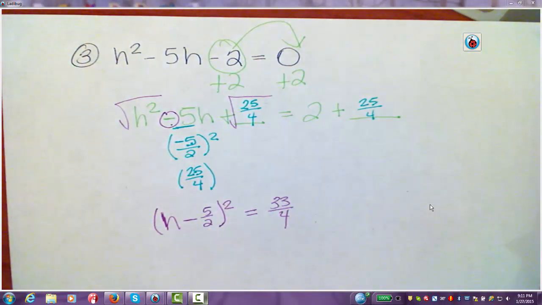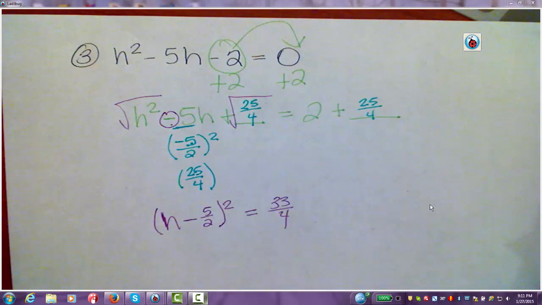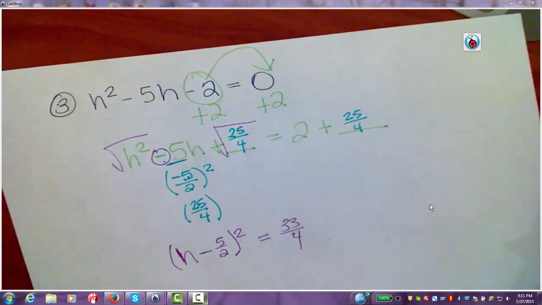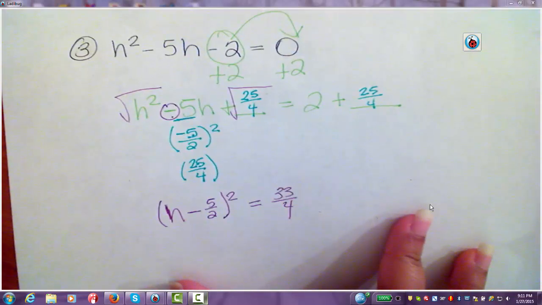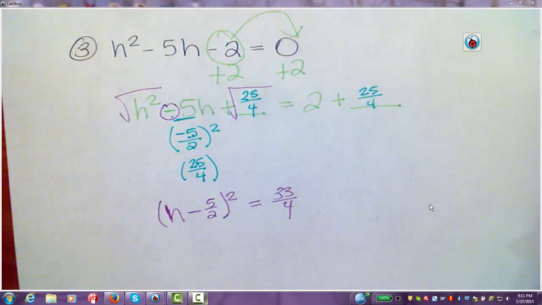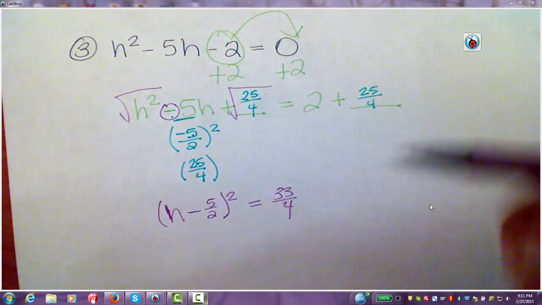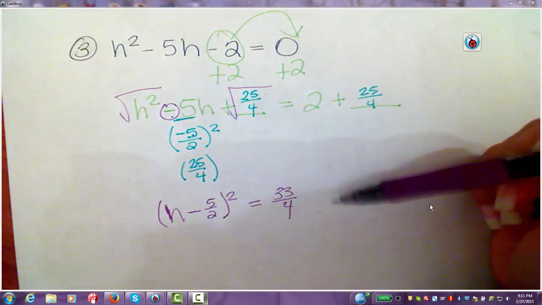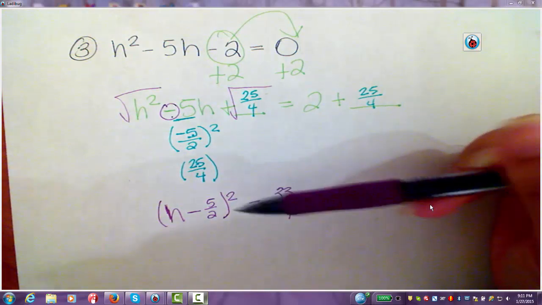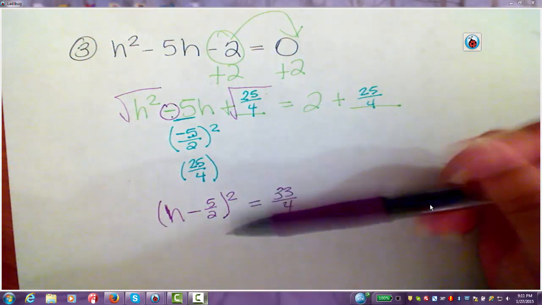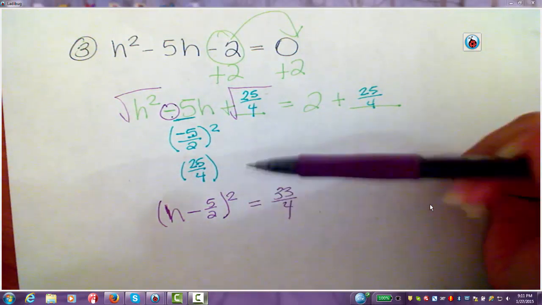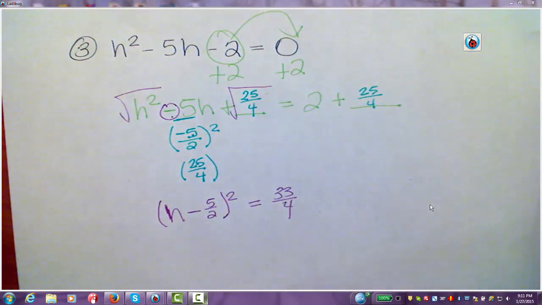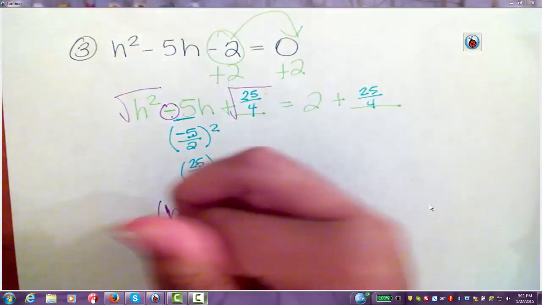So now, if you notice, this one wasn't pretty like the other ones we've been doing. So it does happen that you get fractions, but if you leave them as fractions instead of leaving them as decimals, they're easier to work with as fractions. So now we square root both sides to solve for h.